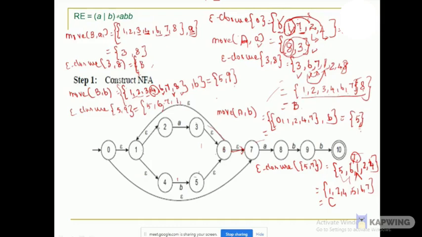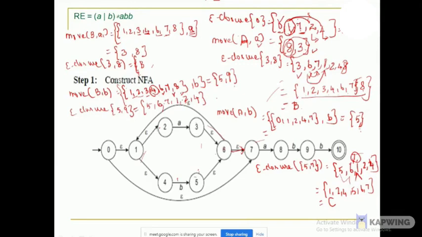From 1, is there any epsilon transition? Yes. Both 2 and 4, we are having a transition from 1 on epsilon. So let me add 2 and 4. Done. From 2 there is no epsilon transition. From 4 there is no epsilon transition. Okay, so let us complete this.